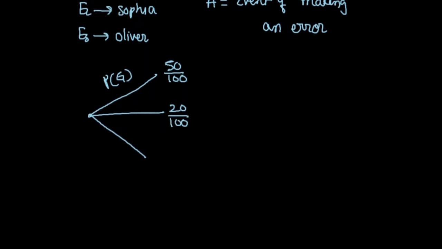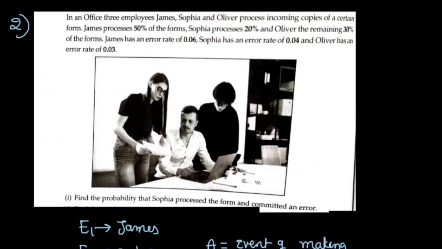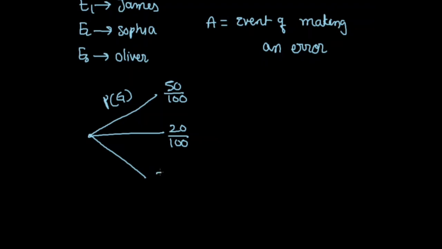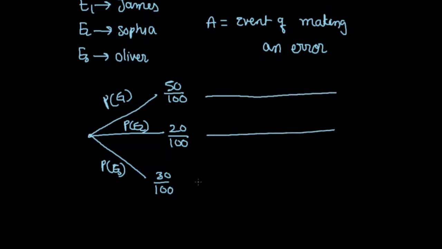And next, Oliver is 30%, 30 by 100. This is the processing probabilities, P of E1, P of E2, P of E3. Then A is the event of committing an error. Then conditional probability.